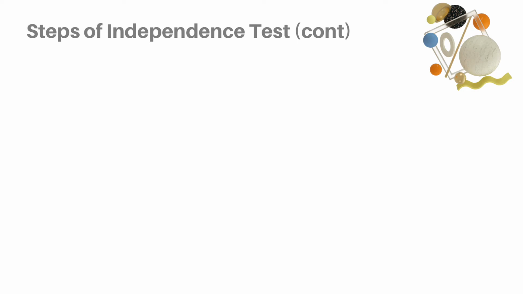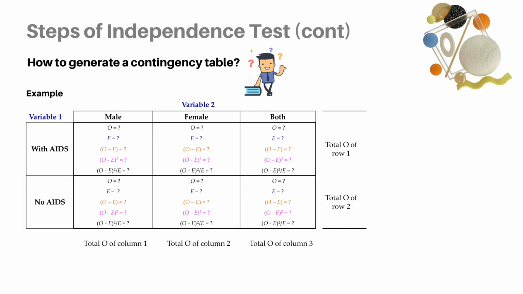Now let's have a look at how we're going to generate a contingency table. The table is actually an extension of the data given originally in the question, whereby the data given represents observed frequency, or O. So what we have to look for in extra is the total O of every row and the total O for every column.